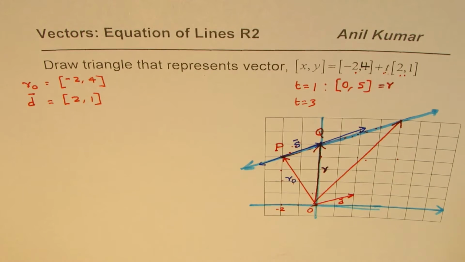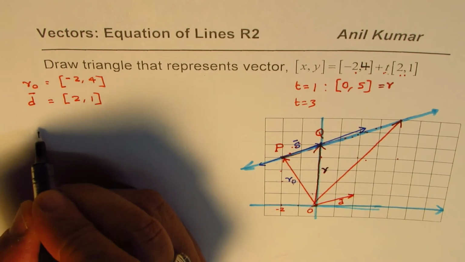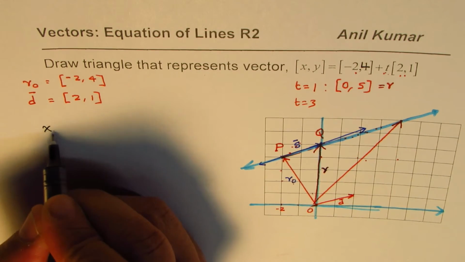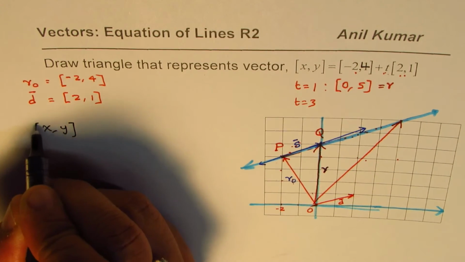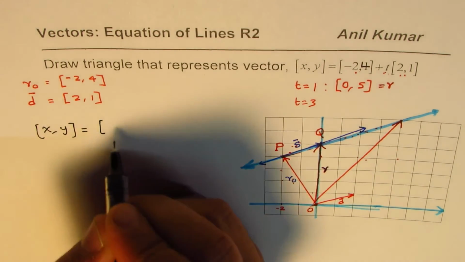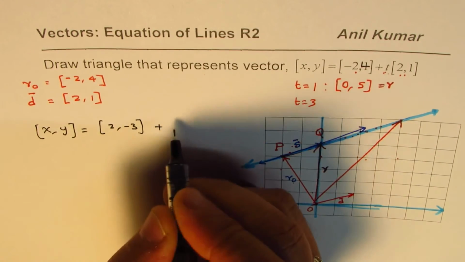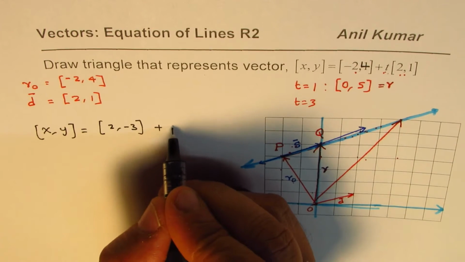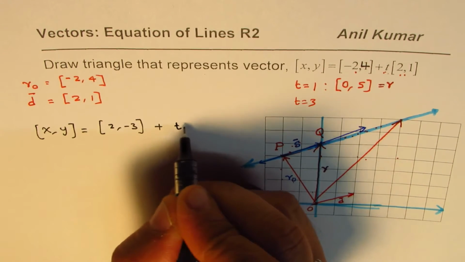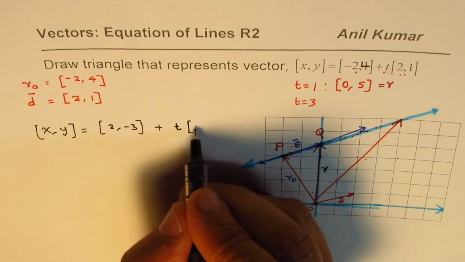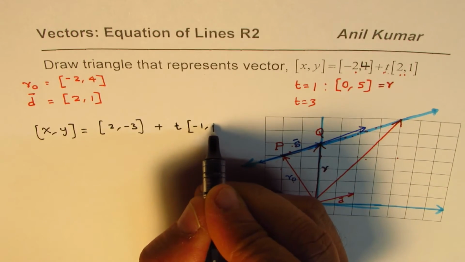As an exercise, what you can do is practice drawing a triangle for the vector, let us say, equals (2, -3) plus the parameter. We could write anything, t or s, and let this be (-1, 2).